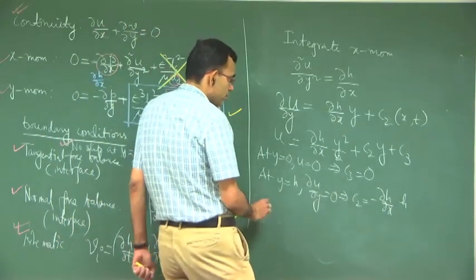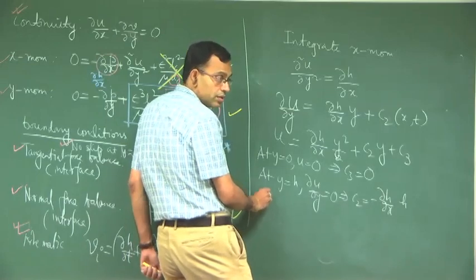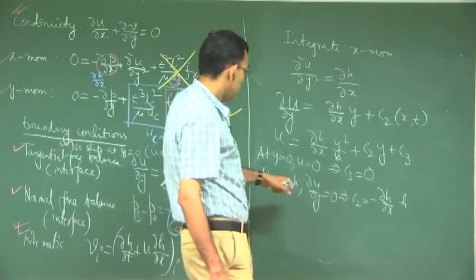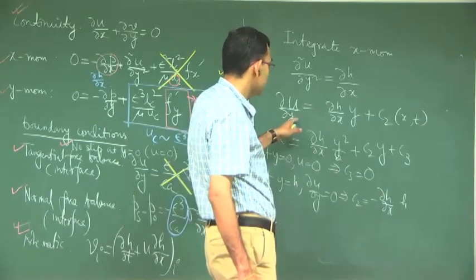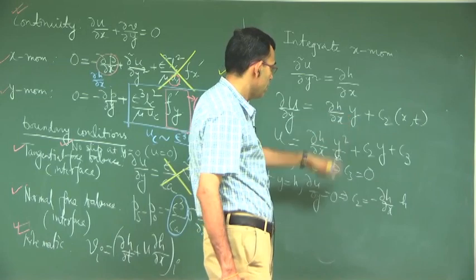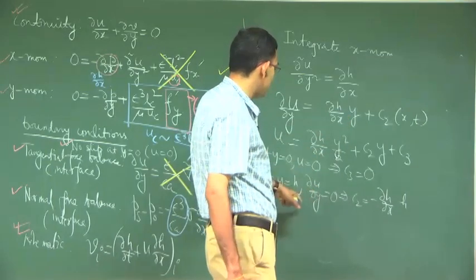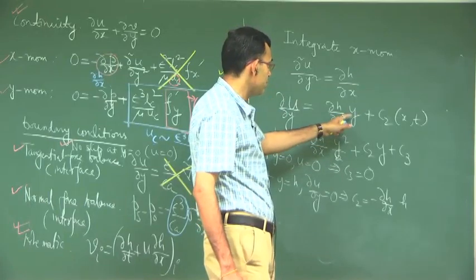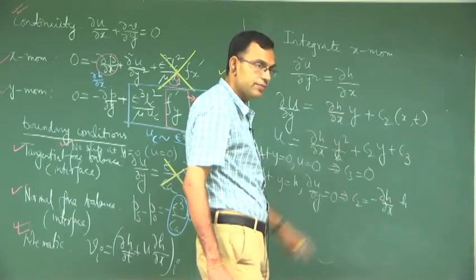So, at y equal to h you have del u del y equal to 0. So, C2 is minus h into del h del x, right.